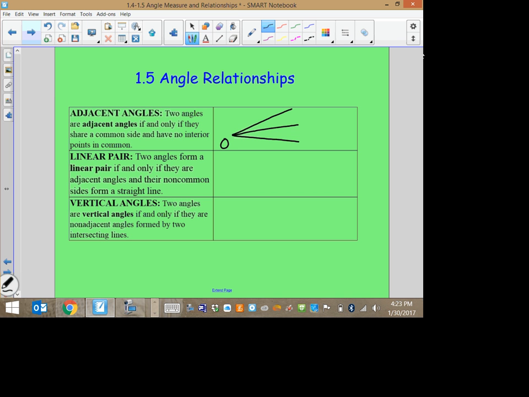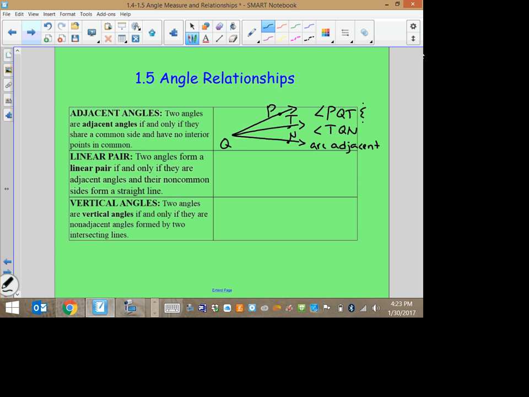So we have Q, P, and N. So we have that angle PQT and angle TQN are adjacent.